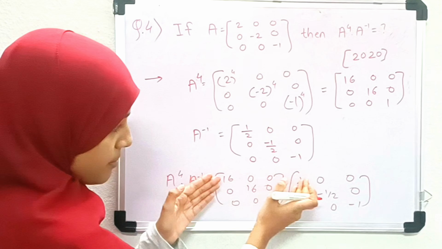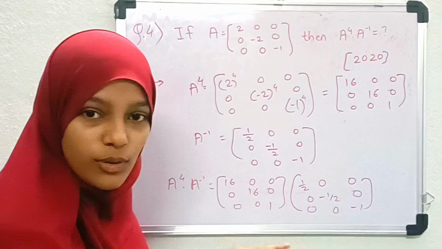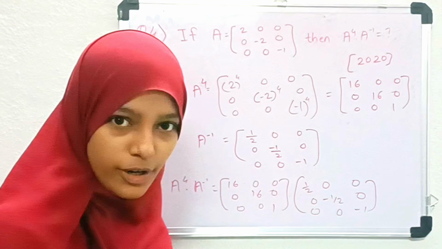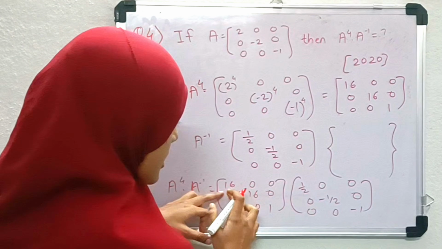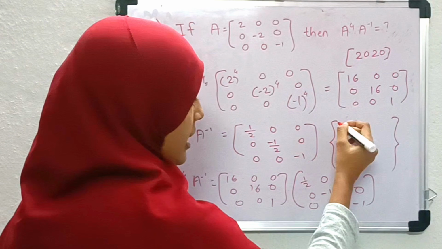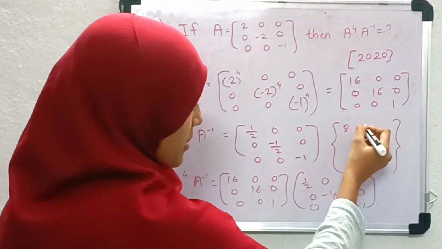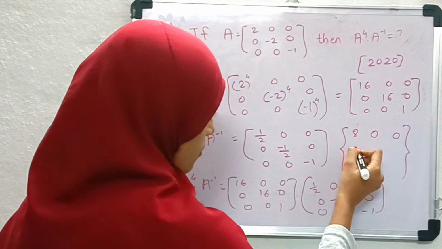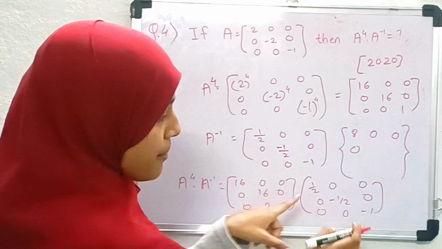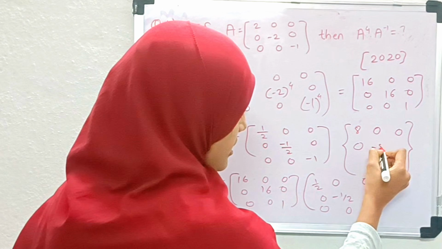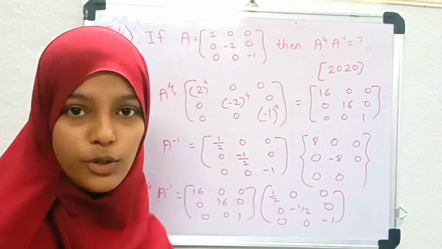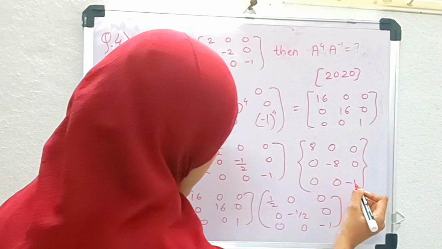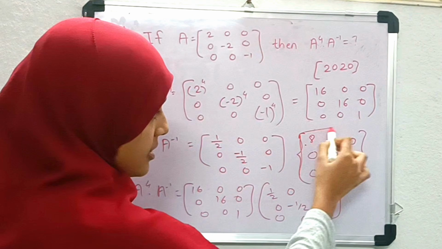We will just multiply this into this so that the 0s will not affect it. So the final answer we will get is 16 by 2, that is nothing but 8. So 0 will be 0 only, 0, 0, 0. Now here 16 by minus 1 by 2, that is minus 8, 0, 0, 0 and 1 into minus 1 is nothing but minus 1. So this is our final answer.